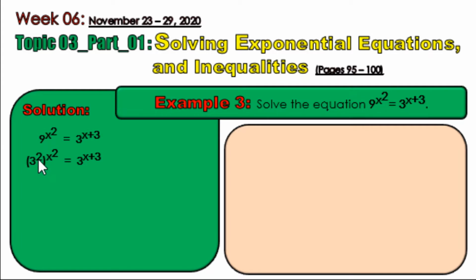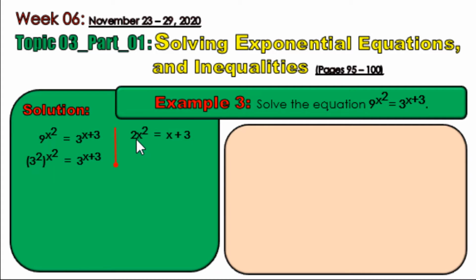Okay, and then applying the law of exponents, we have 2 times x squared is 2x squared, and we have the other exponent is x plus 3. Since we have the same bases, we can equate the two exponents.